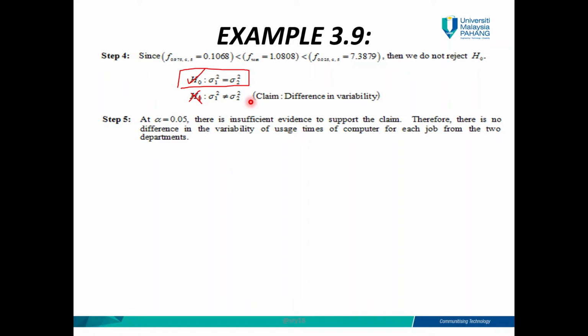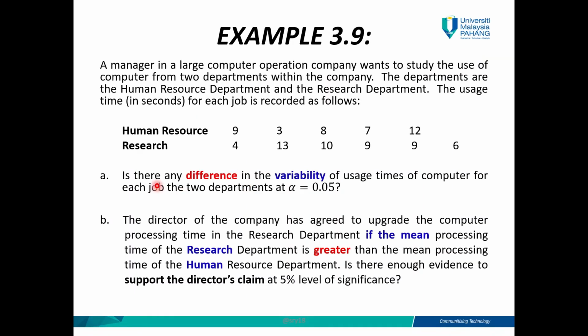This hypothesis testing shows that the population variance of human resource equals the population variance of research department. So this is the solution for question A. Is there any difference? No, there is no difference because it is equal. We don't reject H null. So this is question A, class, and next is question B. Why are there two questions?